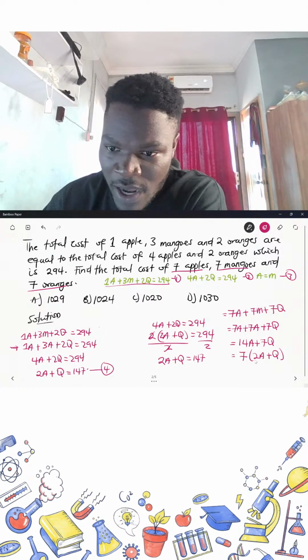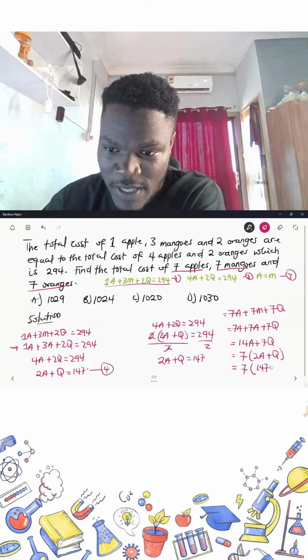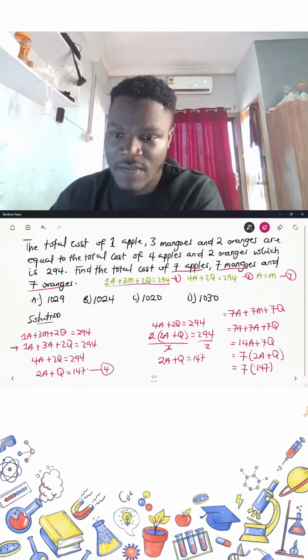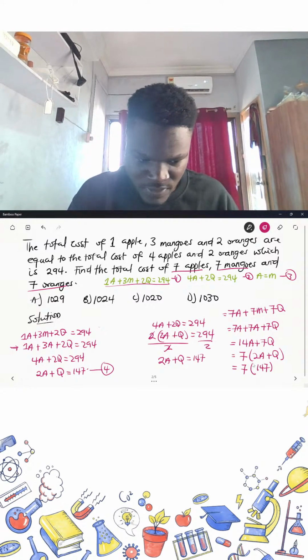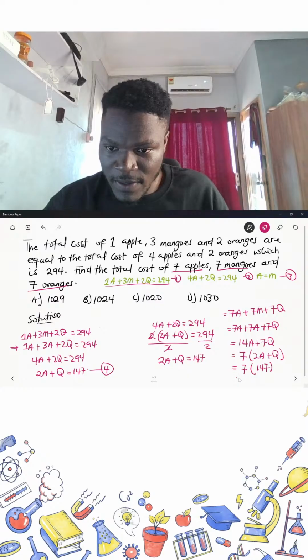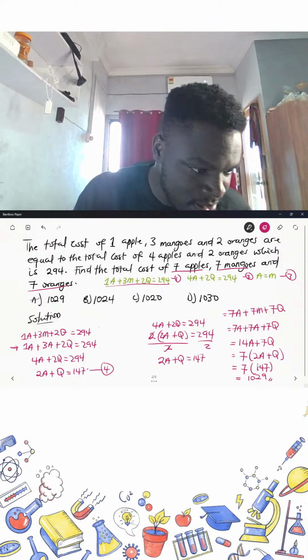And then I now have the 7a plus 7m plus 7q, giving me this expression will now be equal to 7 into brackets 2a plus q is 147. So I put here 147 over here. So my final answer will be 7 multiplied by 147, and that will give me 1029. Okay, so that will be my answer.